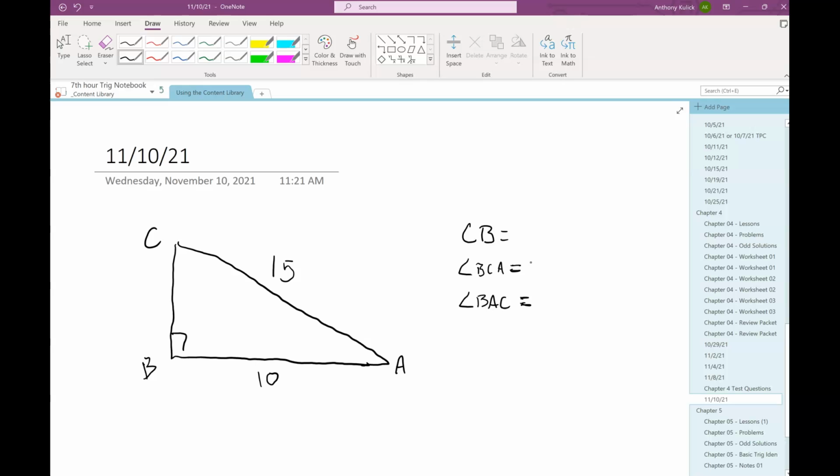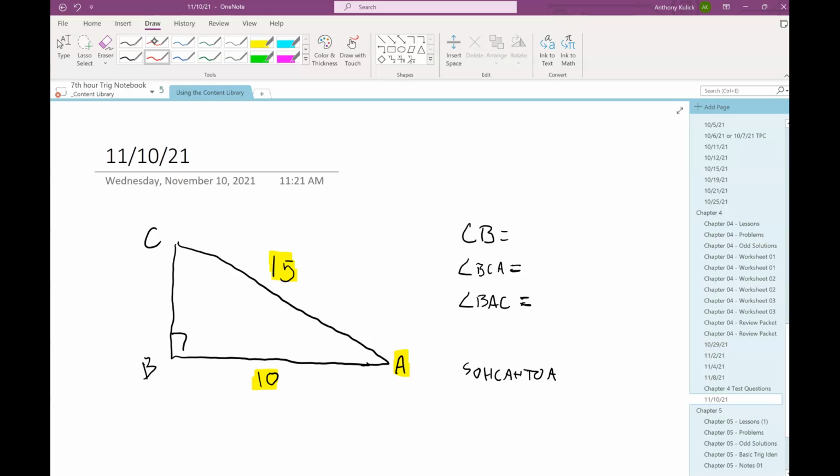So the tool here that we're going to be using is, I would say, SOH CAH TOA, right? Since we're dealing with a right triangle, we're going to be using the right triangle definitions. So if we're talking about angle A, relative to angle A, we know the adjacent and the hypotenuse.